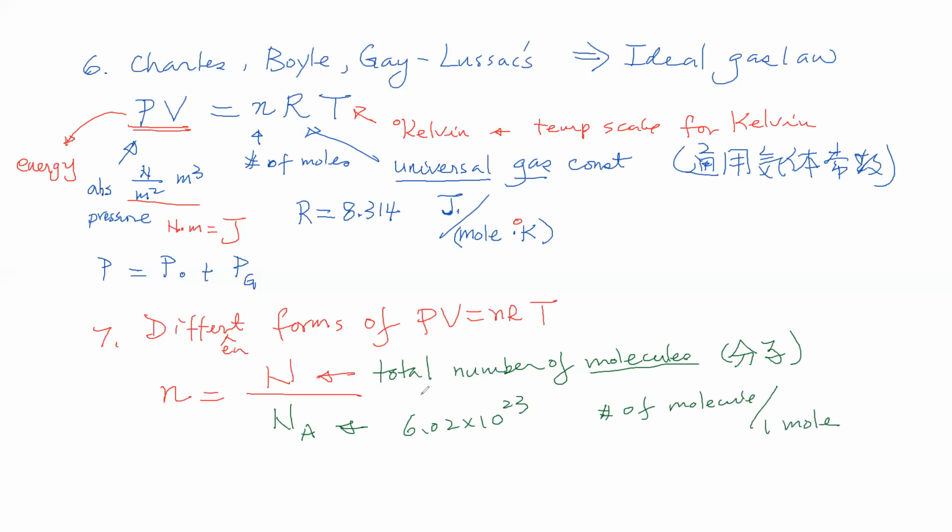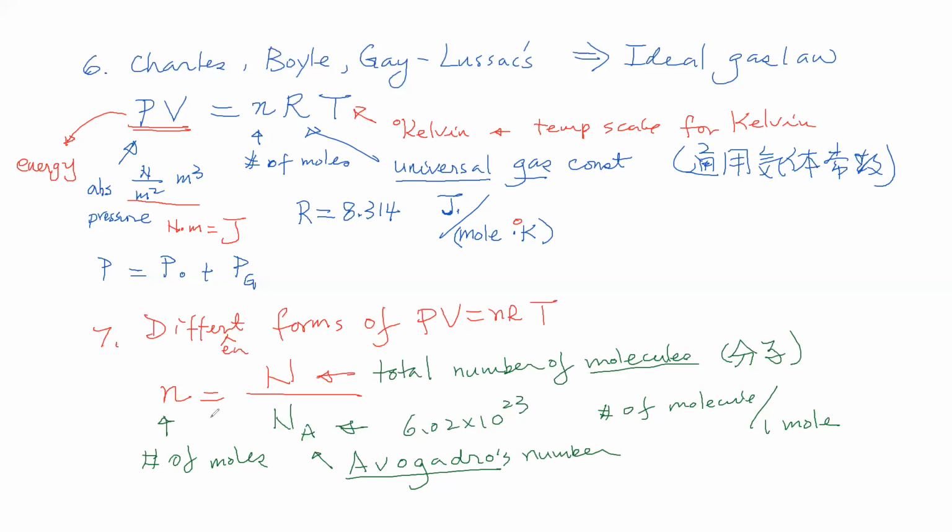So when you cancel the number of molecules, and this one flips, then this is the number of moles right there. And this is called Avogadro's number. A-V-O-G-A-D-R-O apostrophe S, number. Avogadro's number. That's just a person's name, Avogadro.